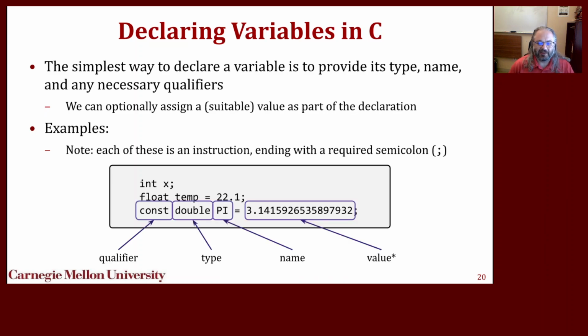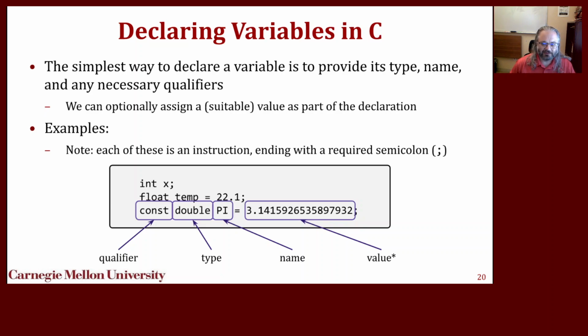Now, a couple of interesting things. As I mentioned, we're just giving the type, the name, the qualifier, and optionally the value. The value that we're giving, turns out it might not actually be the true value assigned into that variable. Now, you can ask a question of, if I give it a numeric value, why would that not be the value assigned into my variable?